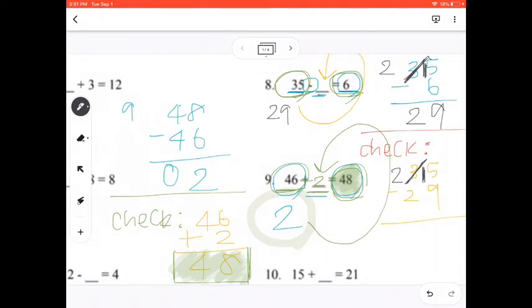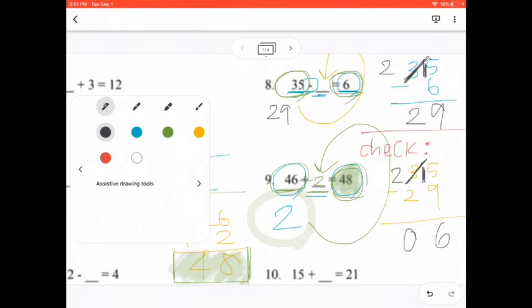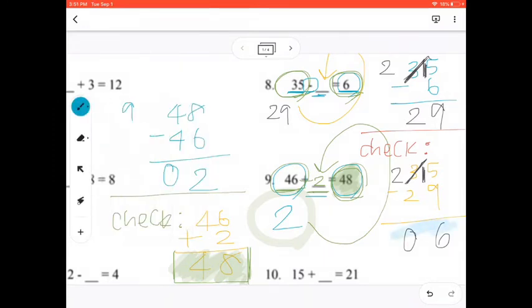The 5 becomes a 15, minus 9 is 6, and 2 minus 2 is 0. So your answer is 6. Is this answer the same as this answer? Yes, it is. So that means 29 would go in here.